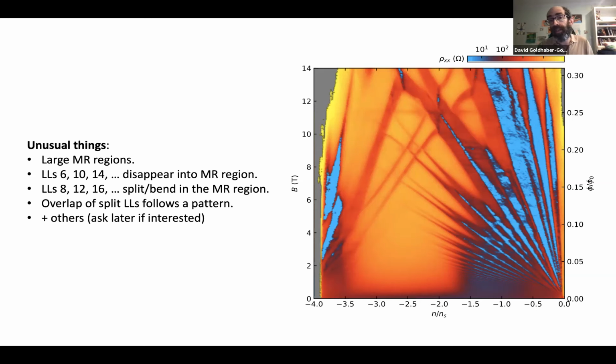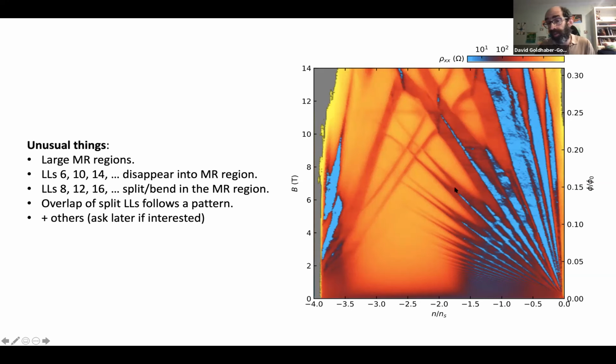And some of you may know that what I've just described is the Hofstadter problem. Douglas Hofstadter, when he was doing his PhD physics thesis, considered this problem of a periodic lattice and a magnetic field normal to the plane, and found that you get not just the regular Landau levels, but all kinds of lines that cross each other.